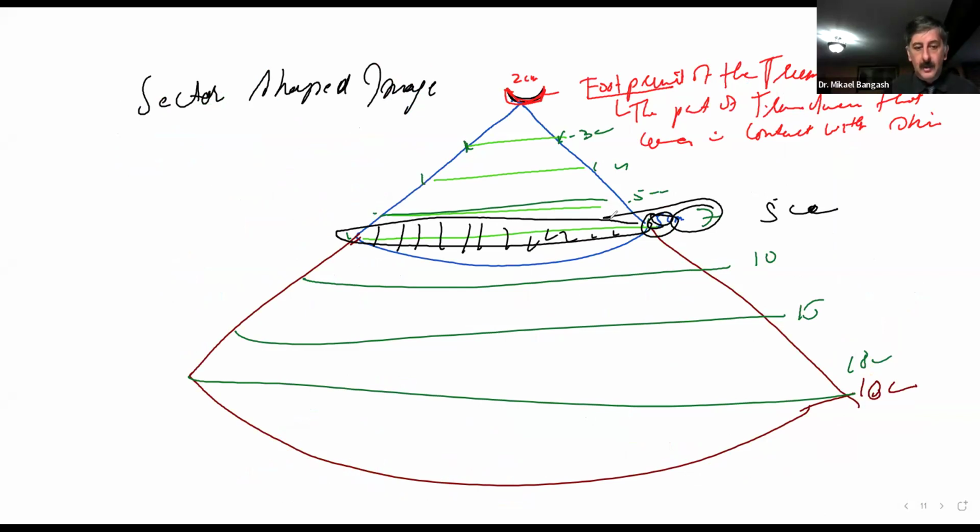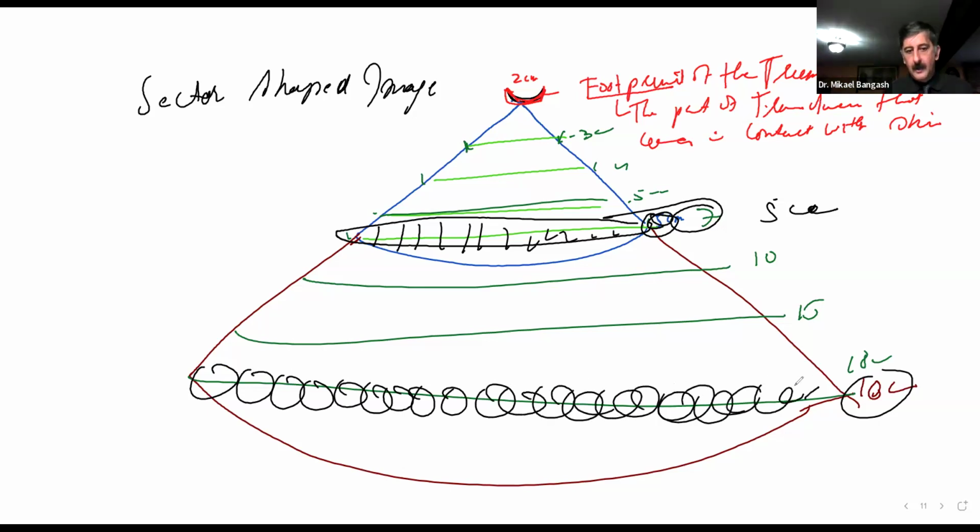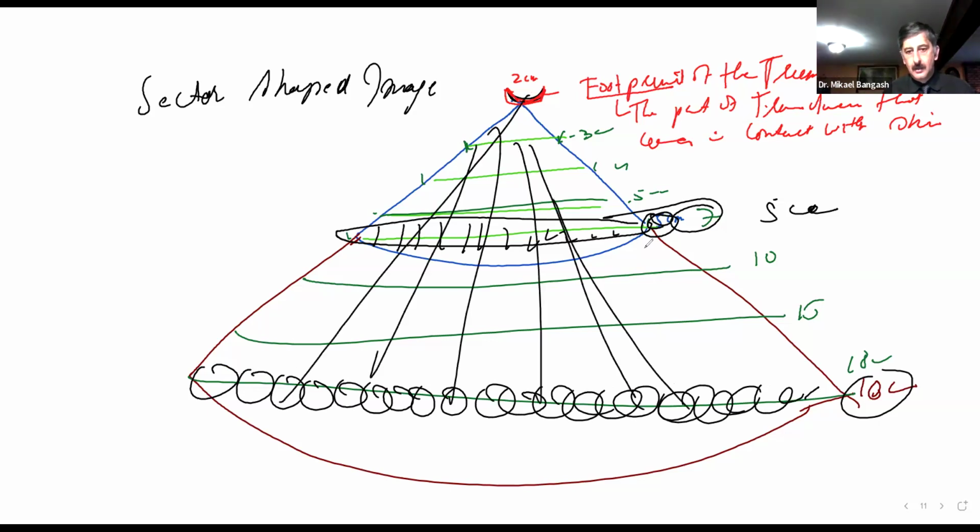Or we may say that we focus at a depth of 10 centimeters. But that mainly means that across the entire spectrum of the image, whatever beams we send out, they will focus at this depth here.